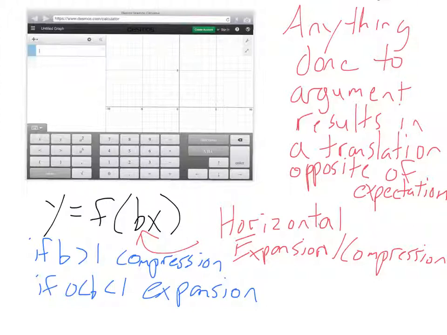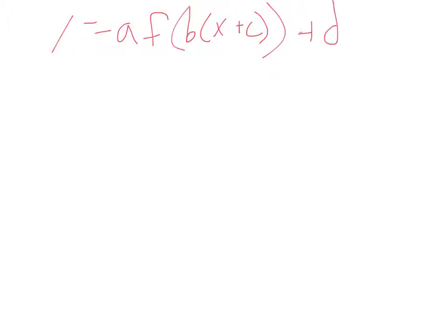Let's go ahead and summarize that really quickly. Y is equal to A times F of, and so what I'm going to do here is do B times, why would I want to do that? Times X plus C plus D, right?